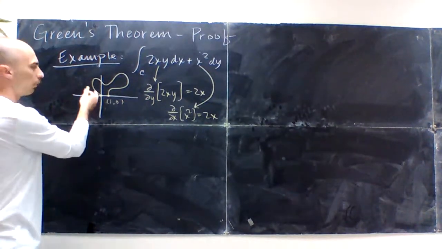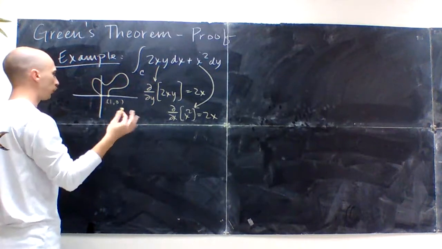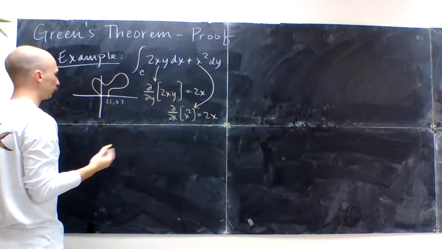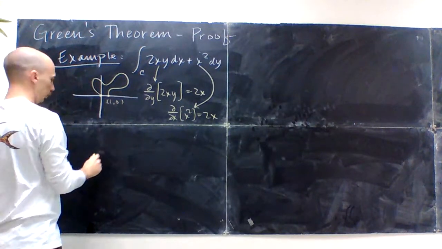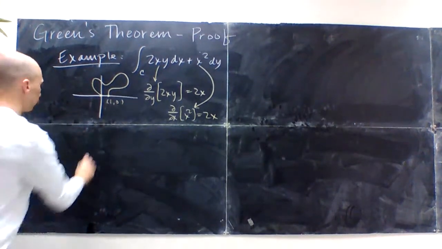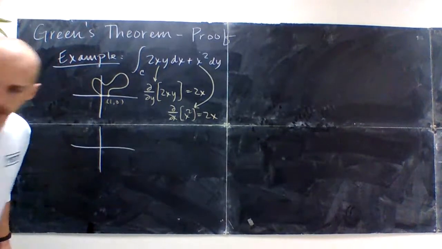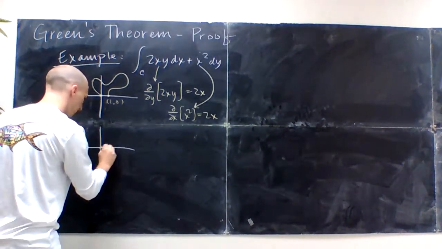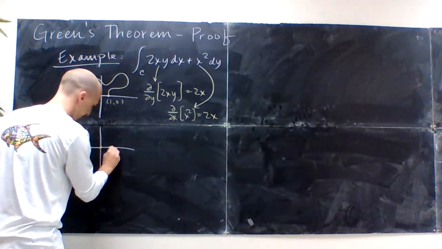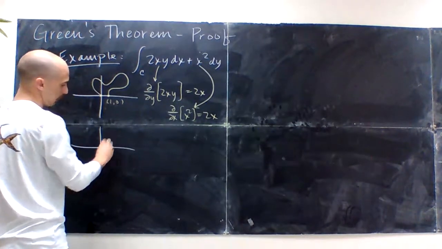But alternatively, if we can't, or if it doesn't seem like it's working, we could just create a new path that is the line segment from (0, 0) to (1, 1). And we could integrate along this curve.